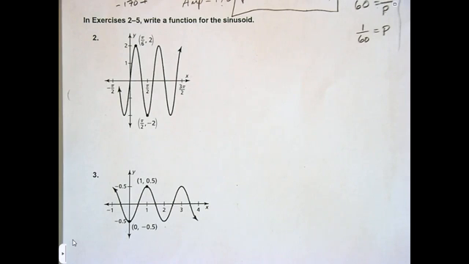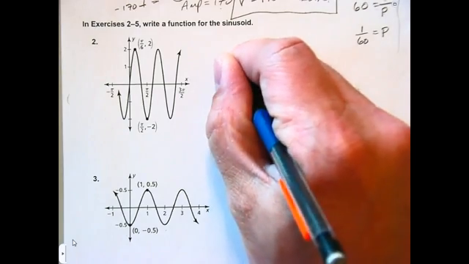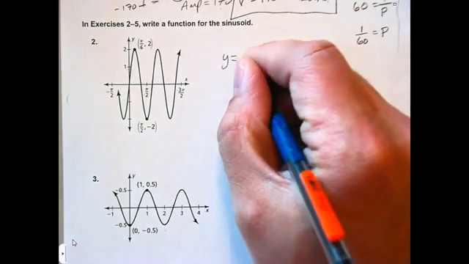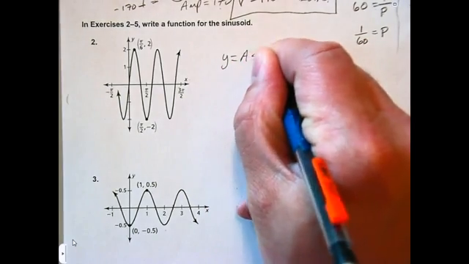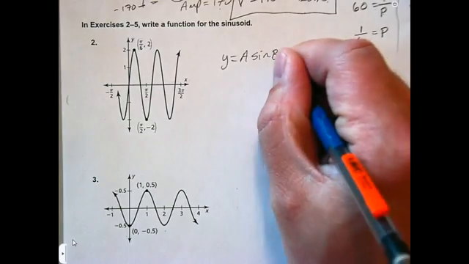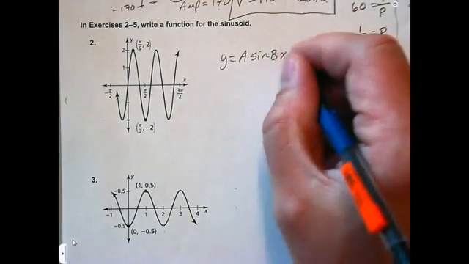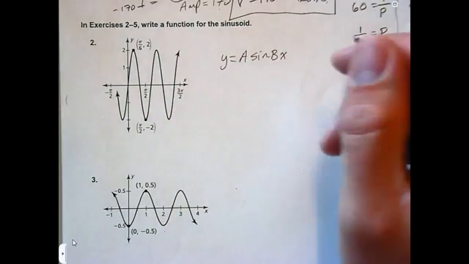So if it's a sinusoid, we're going to go sine or cosine, obviously. It looks like a sine graph. How many of you use sine? How many use cosine? Okay, no one uses cosine. Now, there are multiple ways you can come up with these functions. First, if you're going to use sine, or cosine for that matter, you need to know A, you need to know B, and if there's a horizontal shift or a vertical shift, you need to know that.